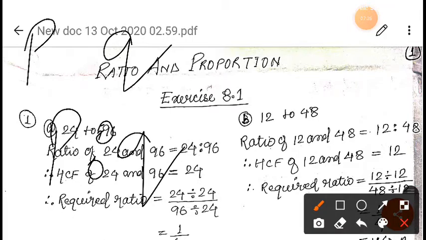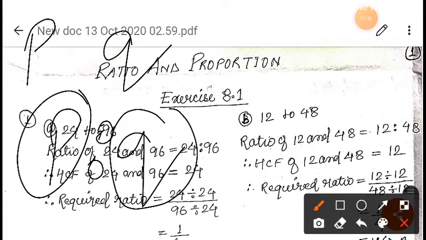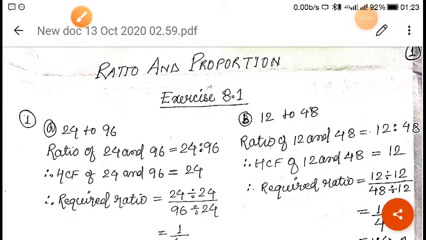Here p is called the first term, or antecedent, and q is called the second term, or consequent. I hope you have understood what a ratio is.